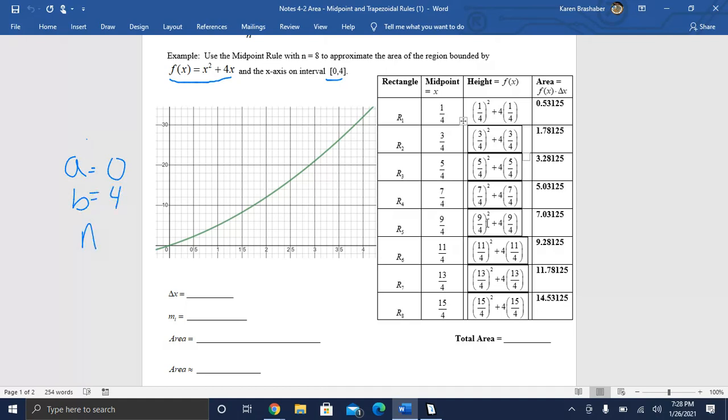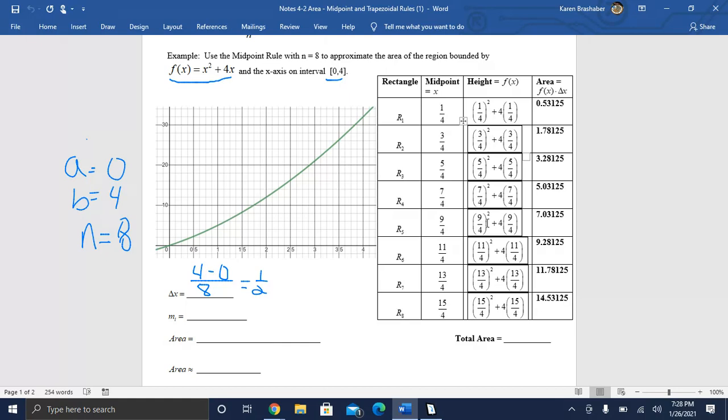And our number of rectangles that it said we would be using is 8. So our delta x would be 4 minus 0 over 8, or in other words, 1/2. So our delta x is 1/2.